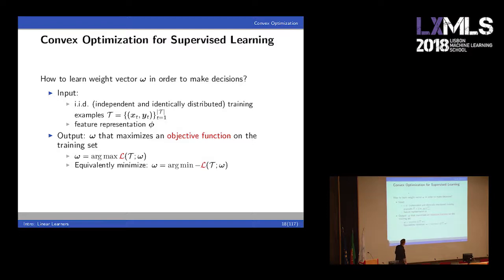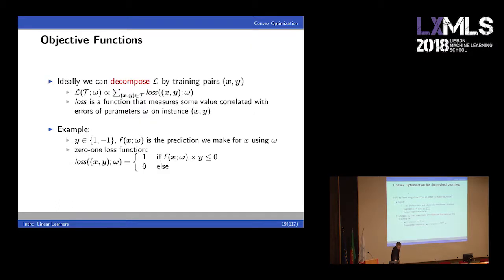Okay, so we start from IID data and a feature representation. And what we want to do is optimize our weight vector in this linear combination. And how do we do that? We have to set up an objective function that we maximize or minimize, by just minimizing the negative of the positive objective. Okay, the objective functions.